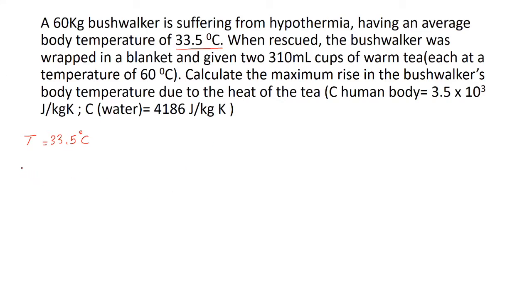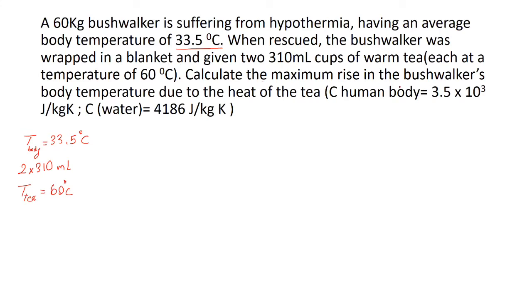So I summarize all data: 2 times 310 milliliter hot tea. And temperature of hot tea, I write T equals 60 degrees Celsius. This one I write T body, so we don't have to read the question again.